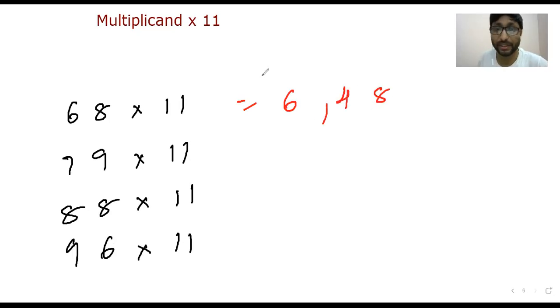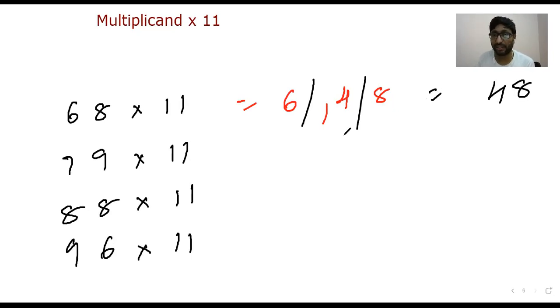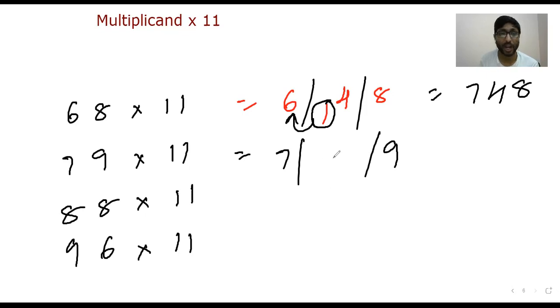Now the balancing rule will come. 8 is the answer. 4 is the answer. 1 is the carry number. 1 plus 6, 7 is the answer. 7, 4, 8. Understood the balancing rule? 7, 9. 7 plus 9, how much? 16. What is the carry number? 6. The answer is 9, 6, 8. 8, 6, 9 is the answer.